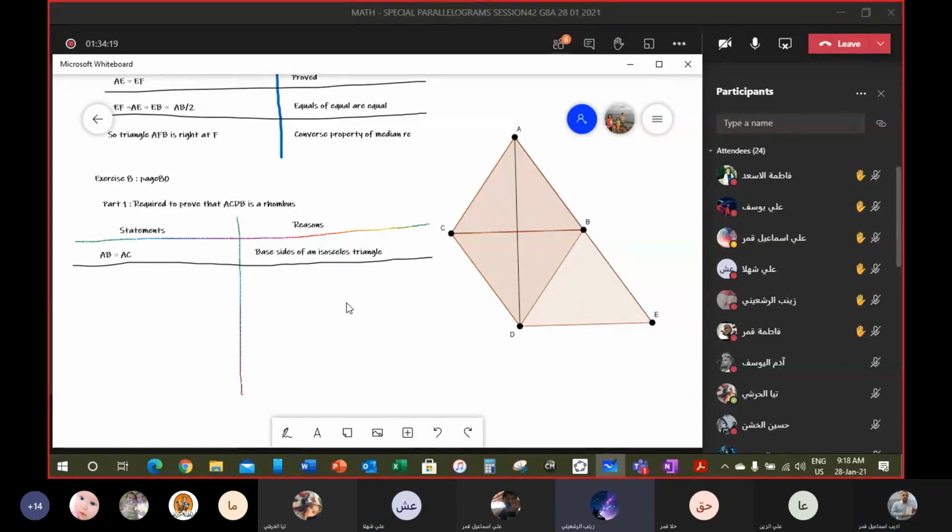D is the symmetric of A with respect to segment BC. Okay. Continue, Zain.